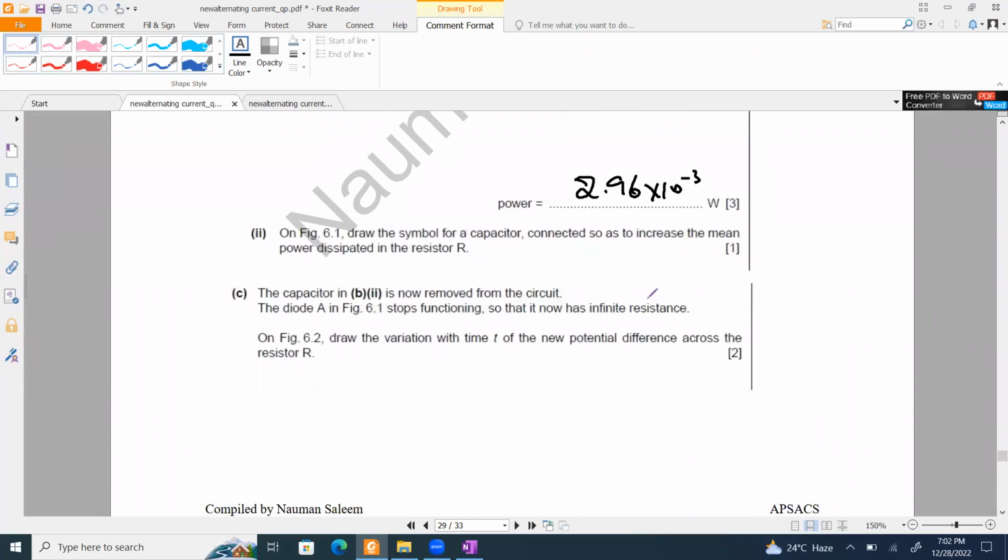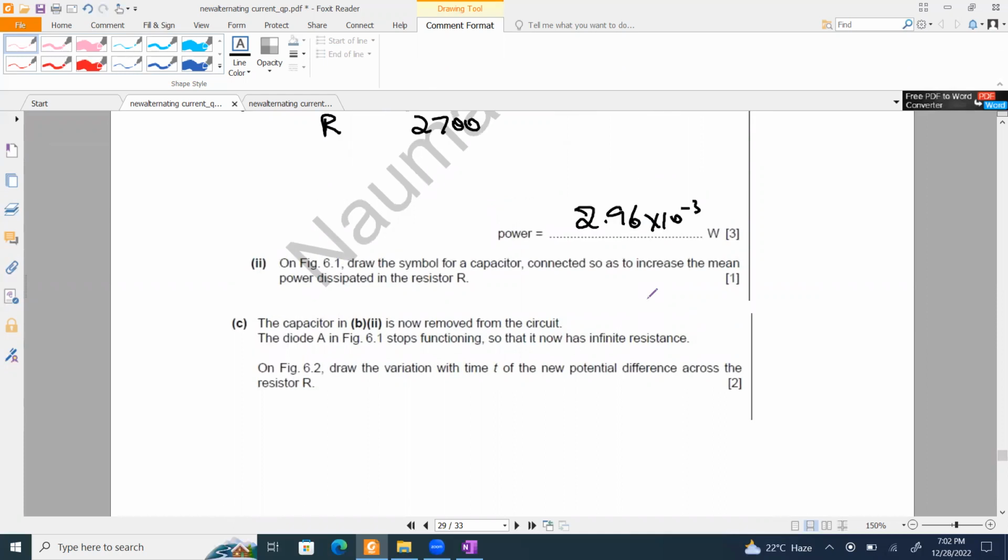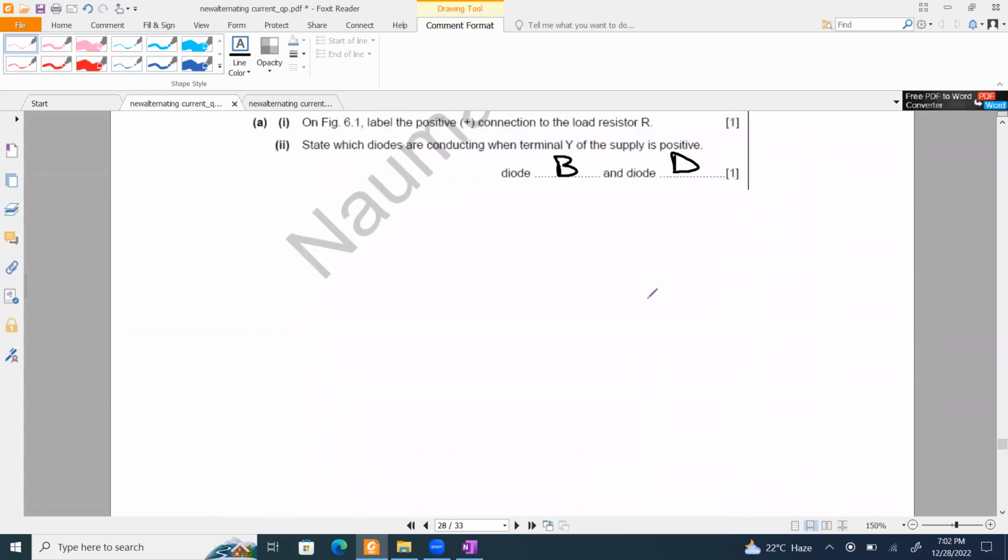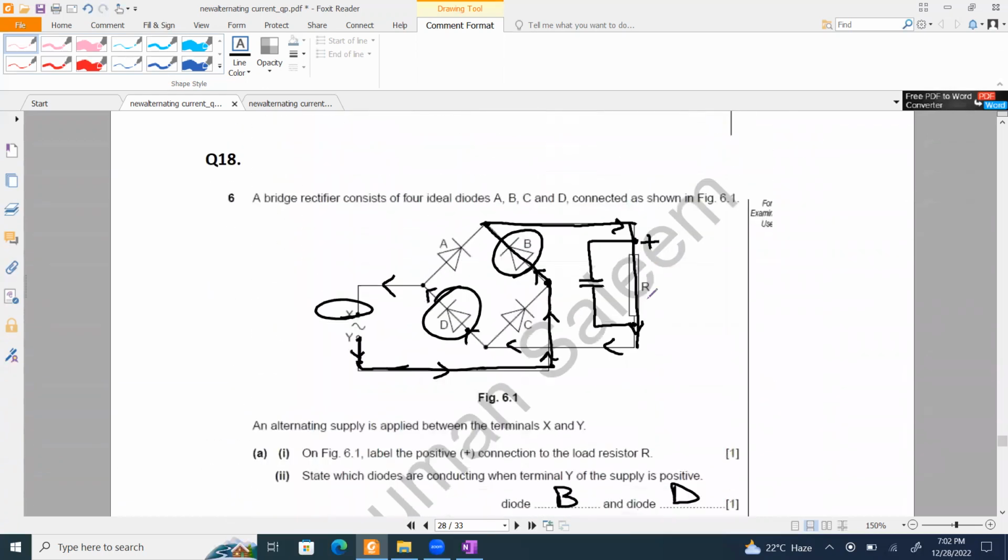Now they say the capacitor in B2 is now removed from the circuit, and the diode A in 6.1 stops functioning so that it now has infinite resistance. So A stops functioning. Let's say A by mistake blows or stops working, and you can say that this point of the circuit becomes an open circuit, an open path.